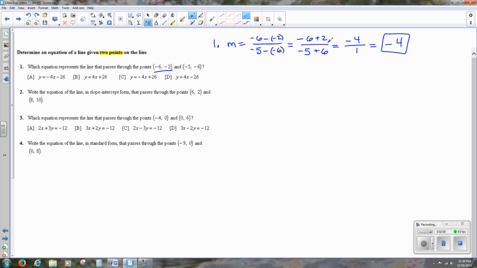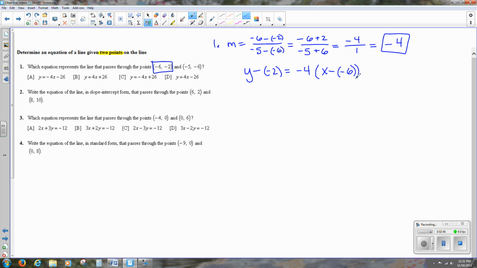I'm going to go ahead and start with this point. Now we're going to fill those in now that we have the slope and we have a point. We have a point. We can use point-slope form. So y minus our y value of -2 equals m, which we just discovered was -4, times x minus our x value, which is -6.